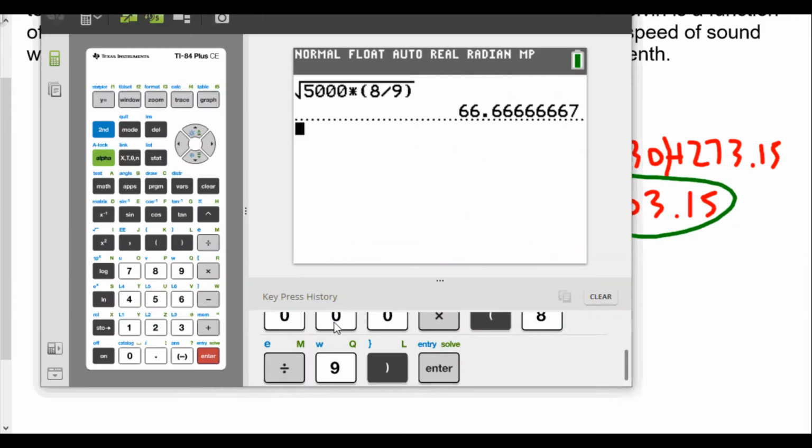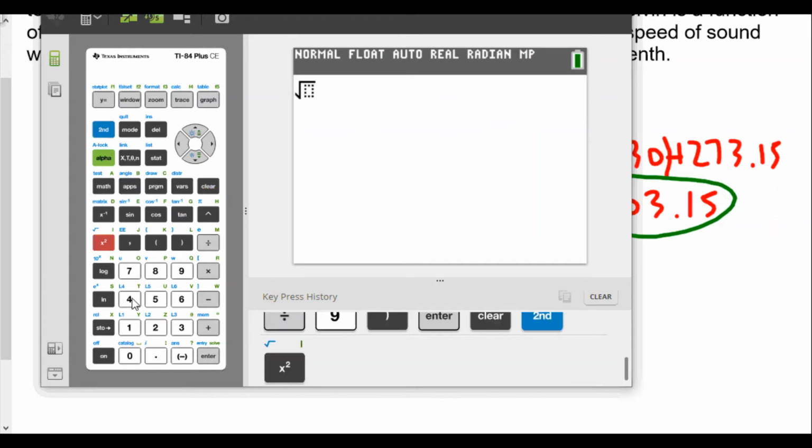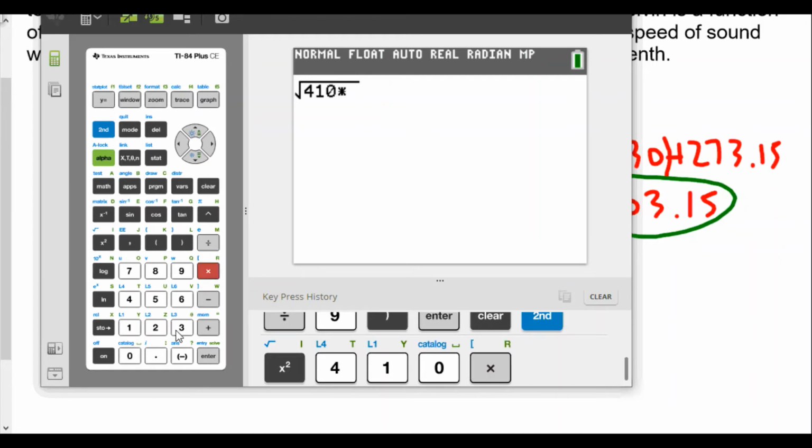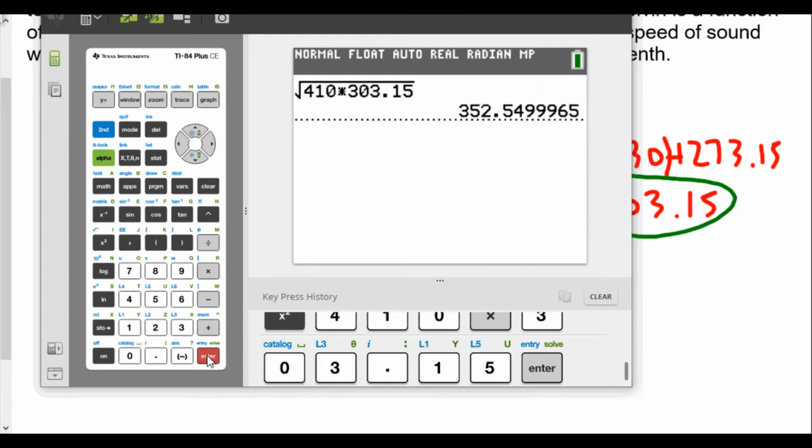We see the work from the last problem here. Let's clear this. So the square root of 410 times 303.15. We multiply this and take the square root of that value. We're going to get 352.5499965, and we're looking for the nearest tenth.